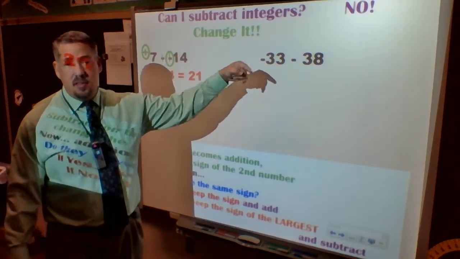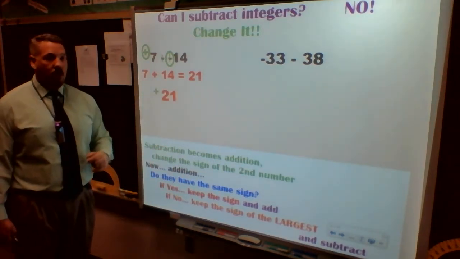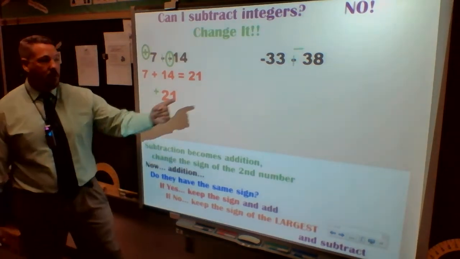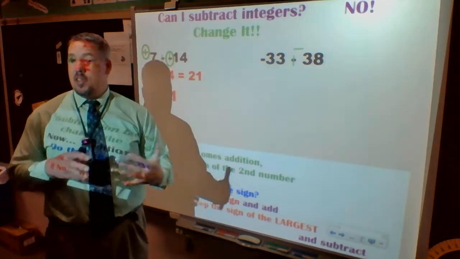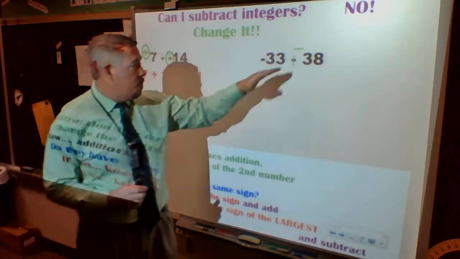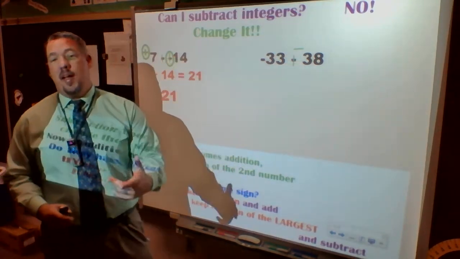Negative 13 minus 38. Can I subtract integers? I cannot. So I go through my steps. Subtraction becomes addition. Change the sign of the second number. Once again, if there isn't a sign there, we automatically know it's a positive number. So if it's a positive number, there's no sign. All I have to do is show my negative.